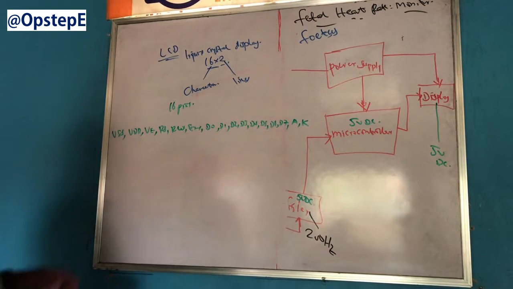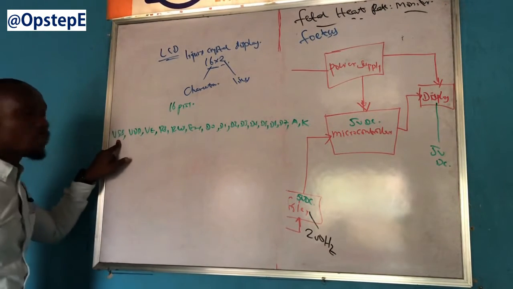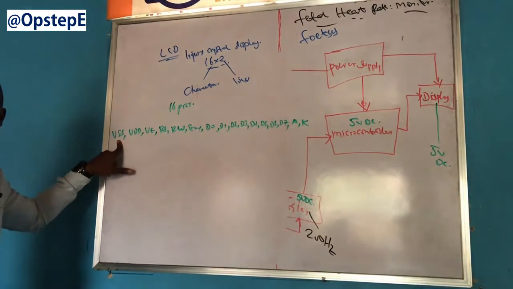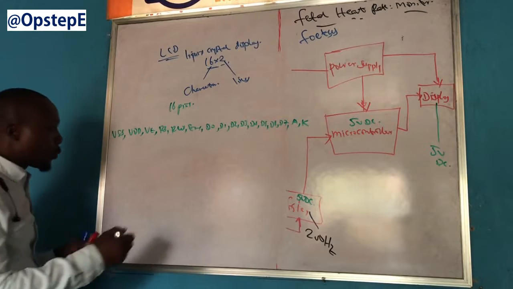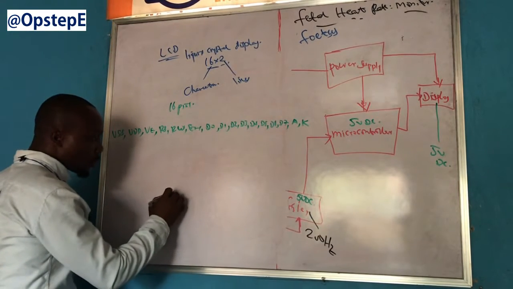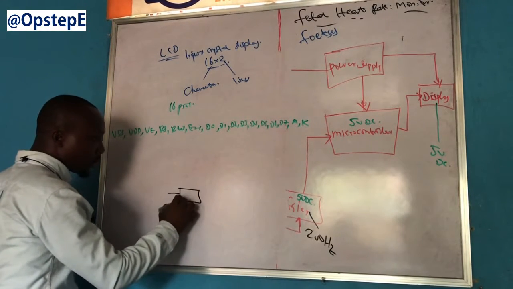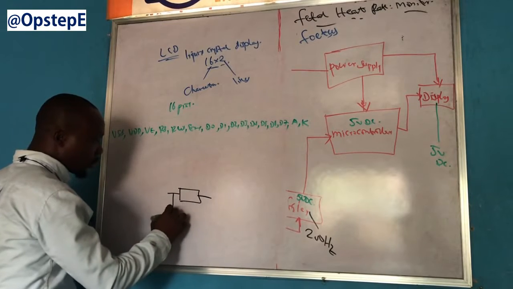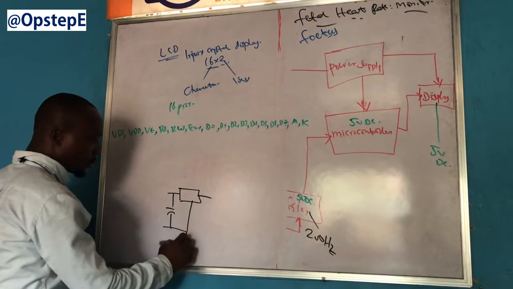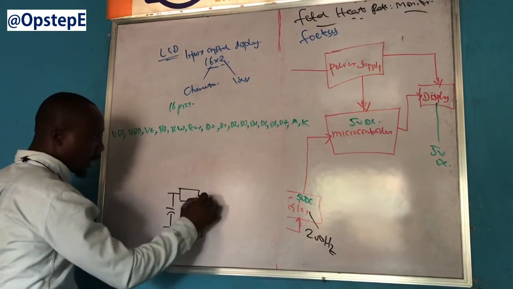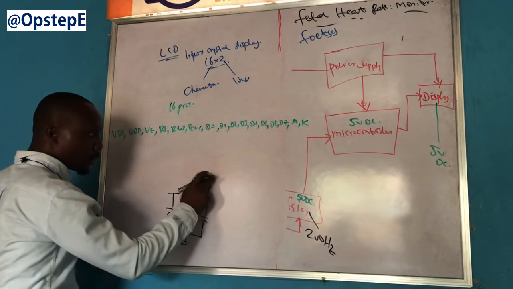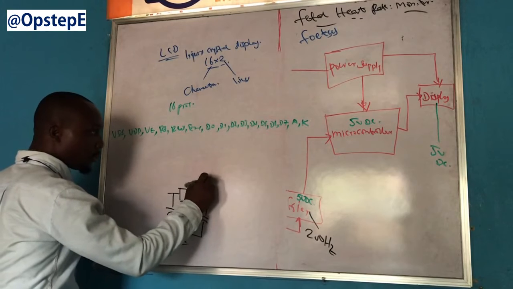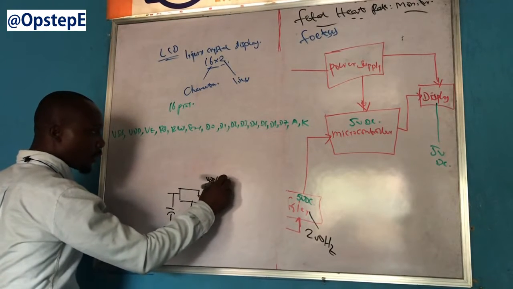Now, the VSS is where you put the negative of your battery or the negative of your supply. Don't forget what our supply looks like. We had an input into a voltage regulator, and then you had your plus 5 volts here. So this becomes your VDD, your plus 5 volts.